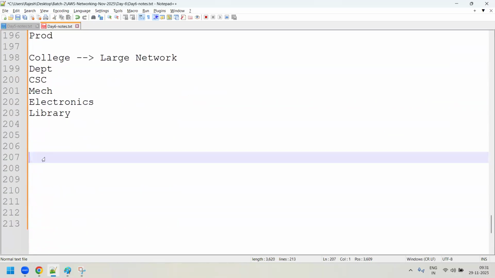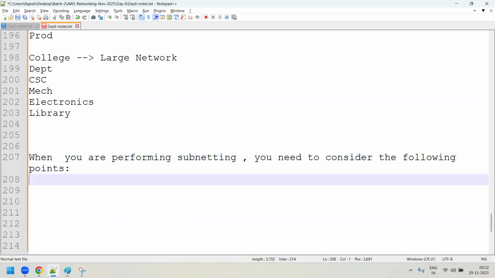So when you are performing subnetting, you need to consider the following points. One is how to choose which private IPv4 CIDR range.